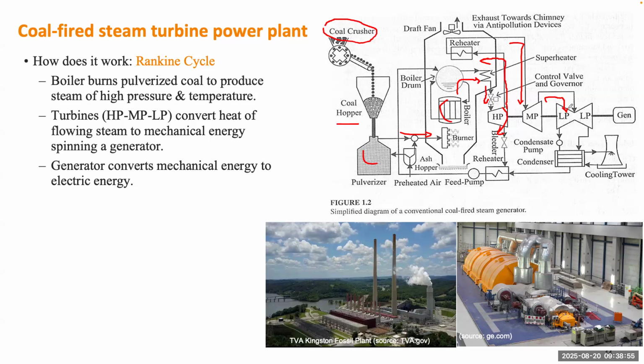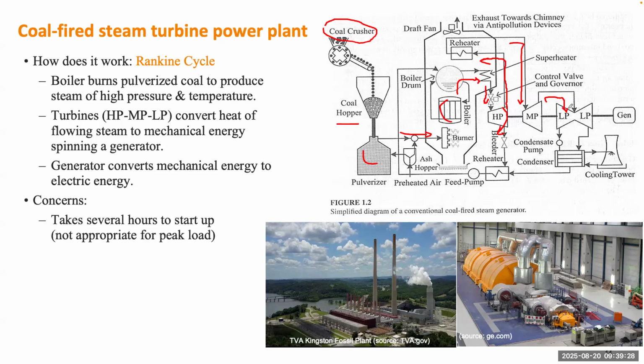Finally, the generator will revolve and generate electricity. The steam leaves the turbine and goes to the cooling tower, and from the cooling tower, it is fed back to the reheater, finishing the cycle. Basically, the generator just utilizes the heat carried by the steam to convert the energy into electricity.